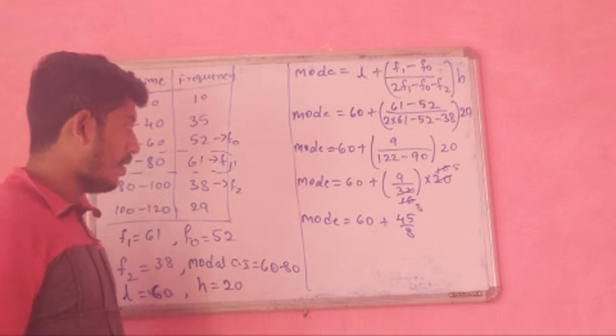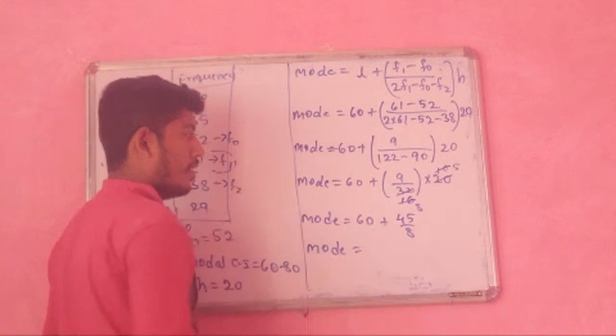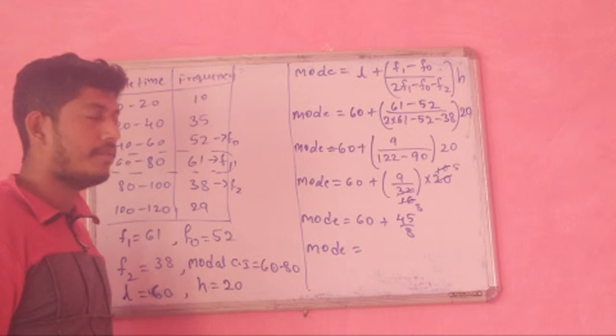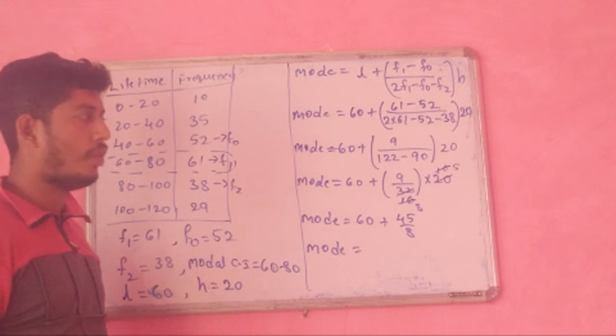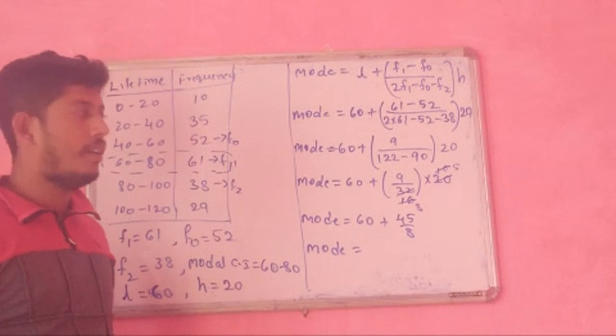And you can consider the LCM, that is 8 here, or you can directly divide this and write the answer.